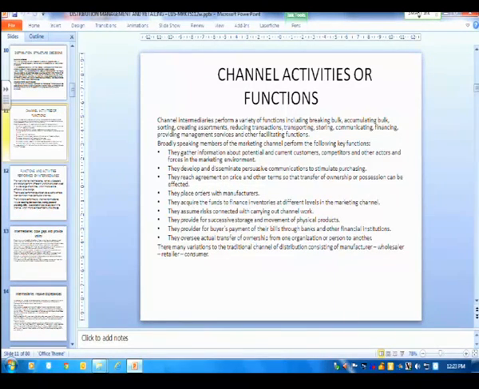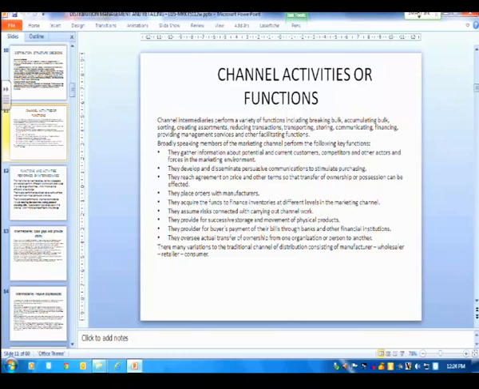Fourthly, they place orders with manufacturers. They also, fifthly, acquire the funds to finance inventories at different levels in the marketing channel. They also provide for successive storage and movement of physical products. They provide for buyers' payment of their bills through banks and other financial institutions.